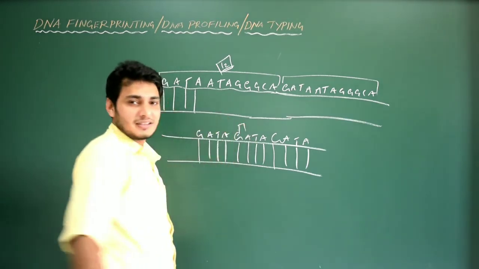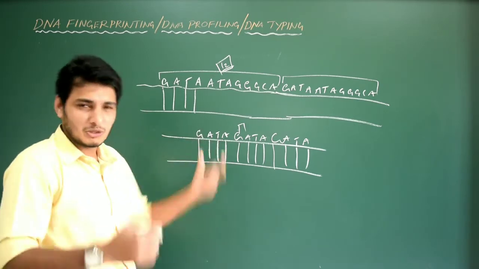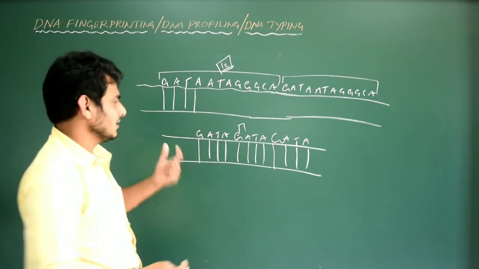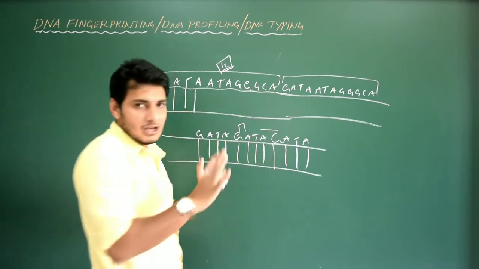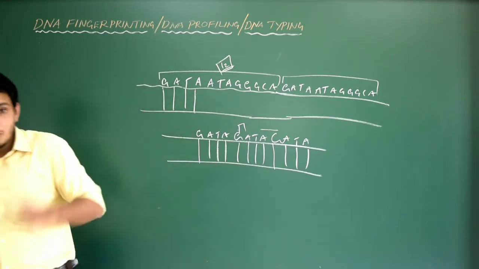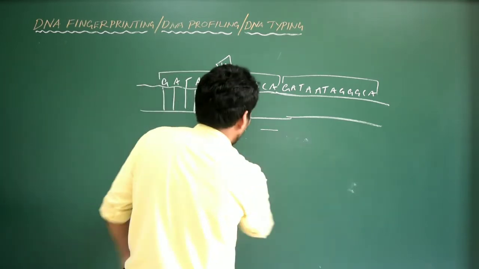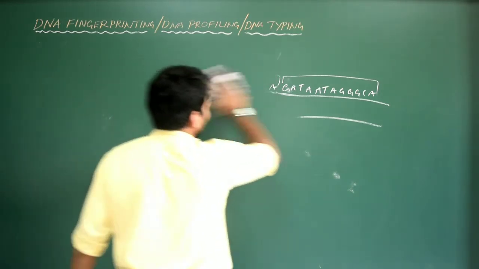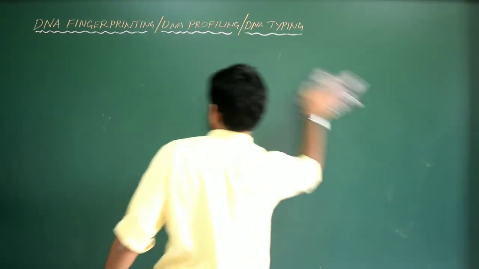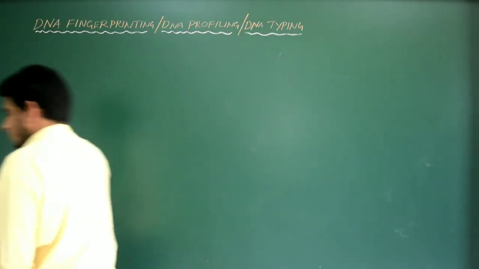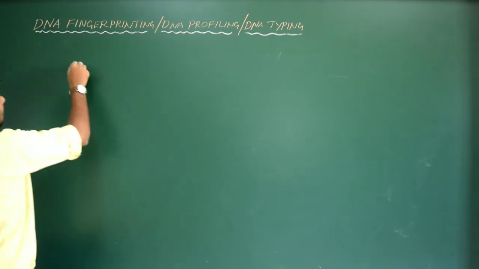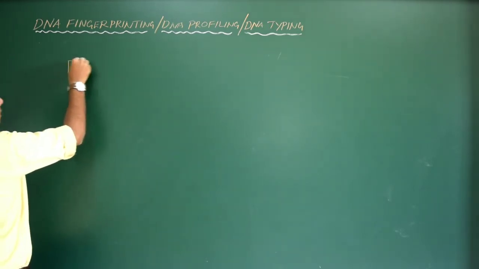It's very easy to put them in the agarose gel electrophoresis and easy to get the bands. You may not understand all these things, now you will understand. Now what I am going to do is draw the chromosomes. Let me just draw the chromosome now.